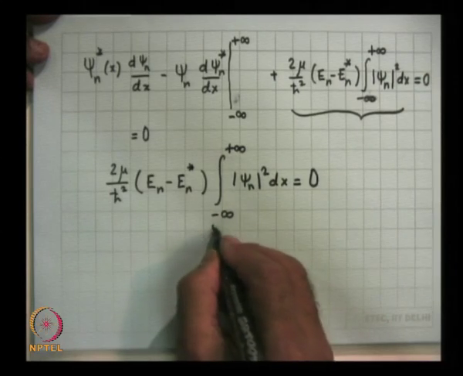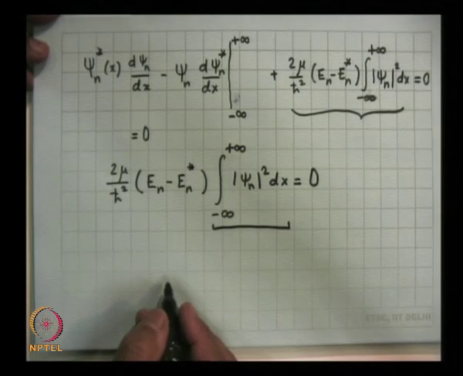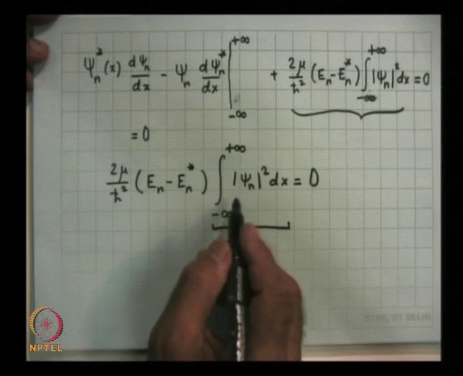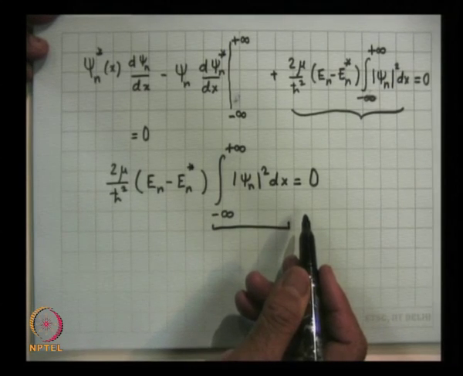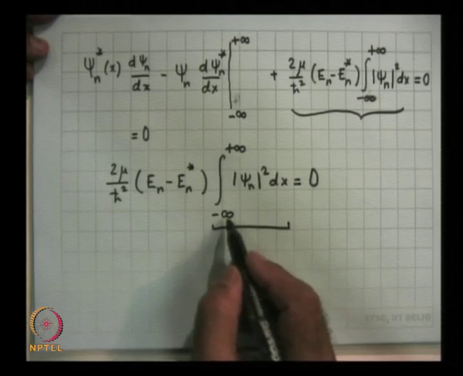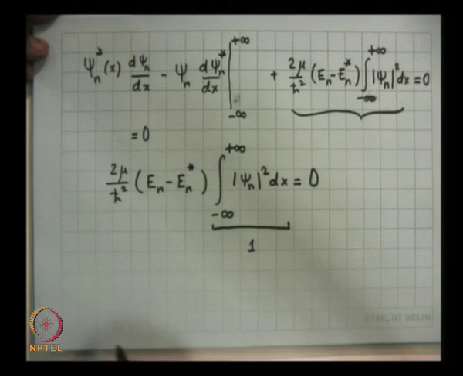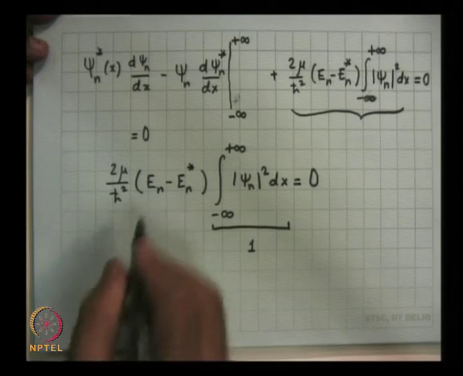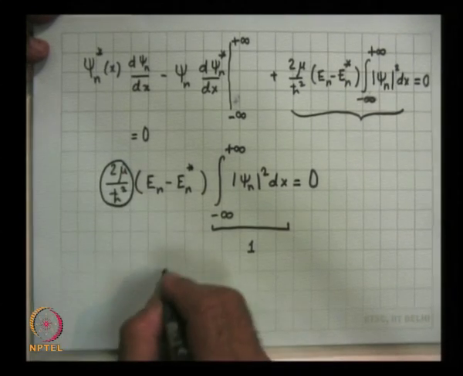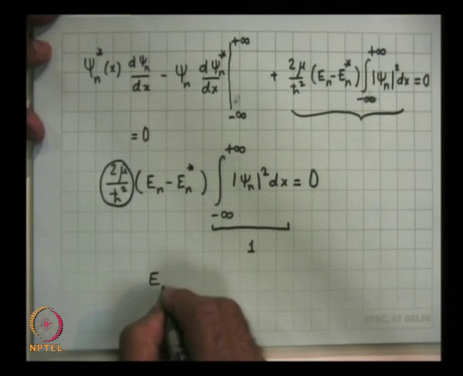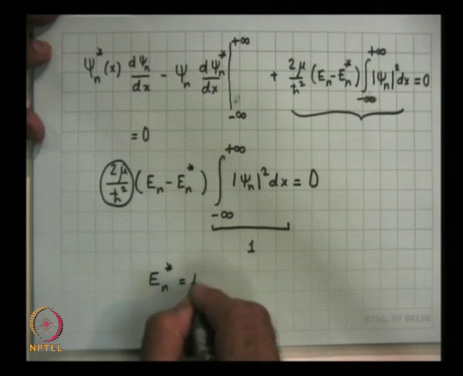Now, this quantity is positive definite, because this is the square of a wave function. In fact, the wave function we always assume to be normalized, so that this quantity is always equal to 1. Therefore, and this is a constant, you must have E n star equal to E n.